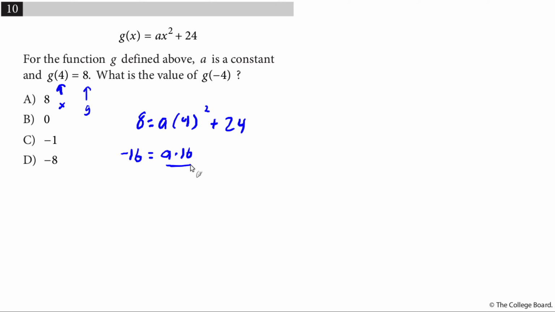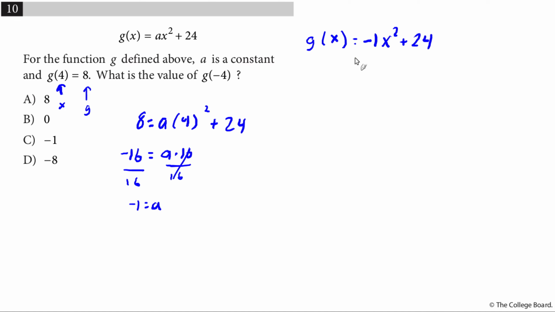Divide both sides by 16, and I'll get negative 1 equals a. And then I can realize that my specific form here, my actual equation will be negative 1 x squared plus 24.